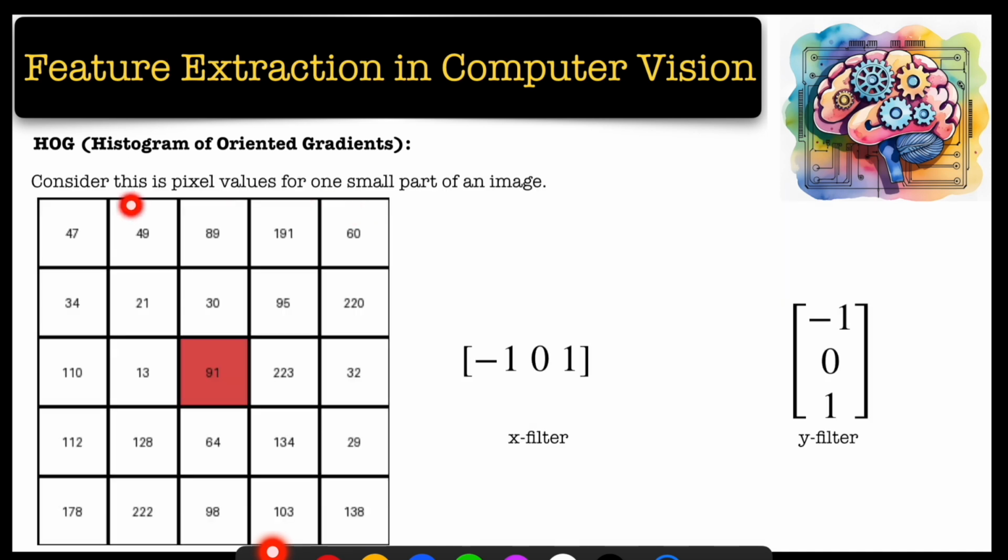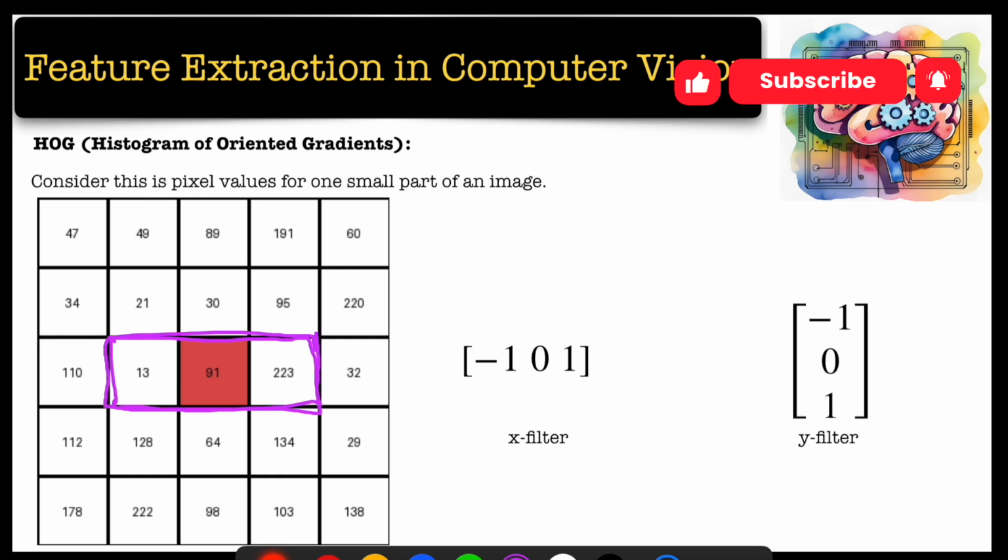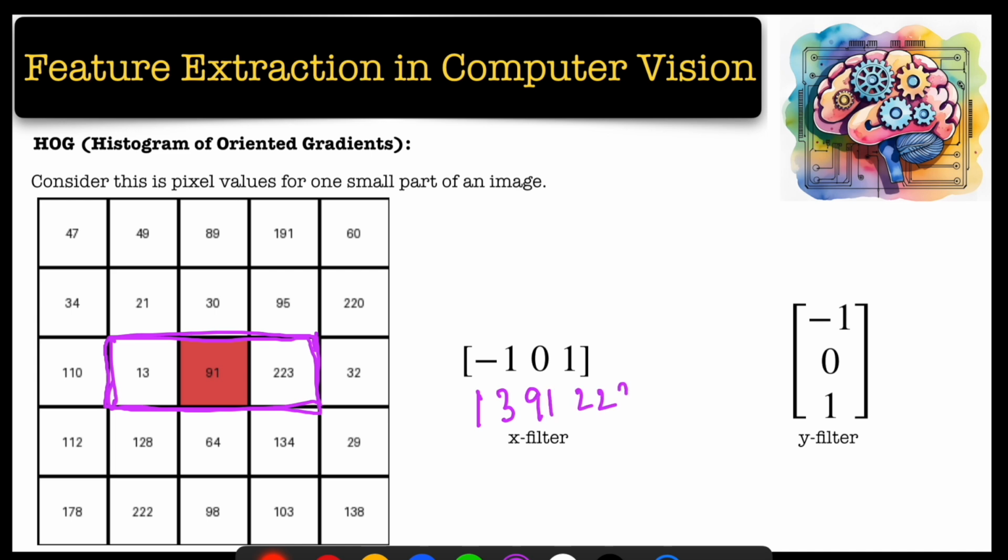Now this thing we did earlier, right? We calculated the change in the x direction and y direction. This can be seen as applying a filter. Now what is a filter? You see this matrix here, -1, 0, 1. If you take this part of the pixels and overlap this with this, we get the values 13, 91 and 223.